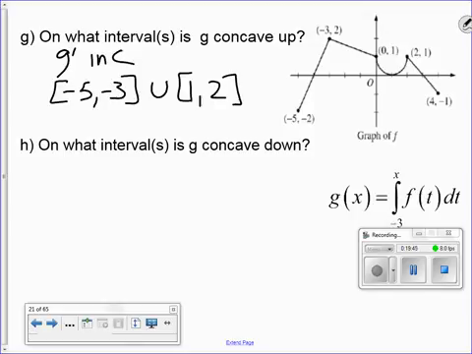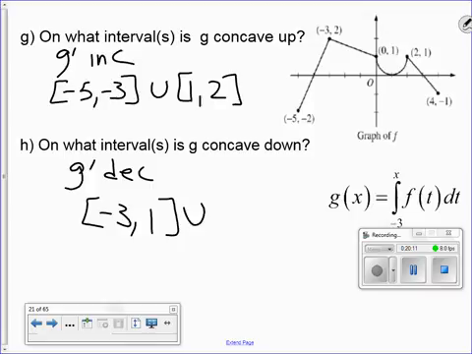On what interval or intervals is G concave down? So what are we looking for with G prime? Decreasing, okay? And the slopes are decreasing, so what do we think? -3 to 1. 2 to 4.